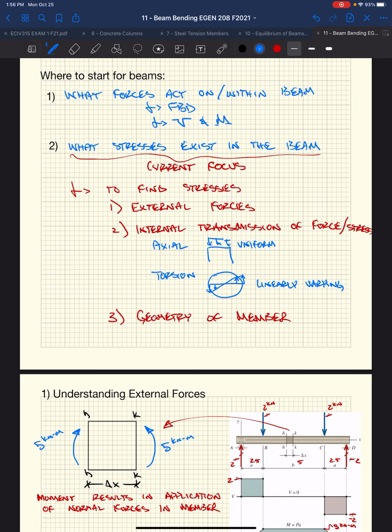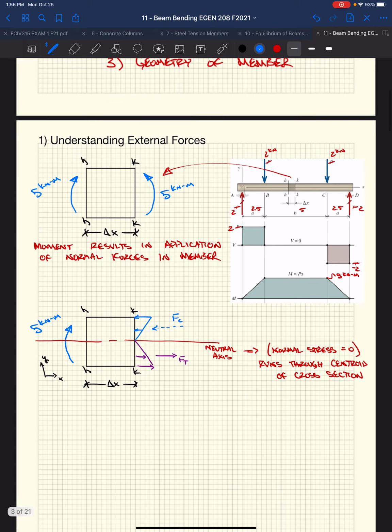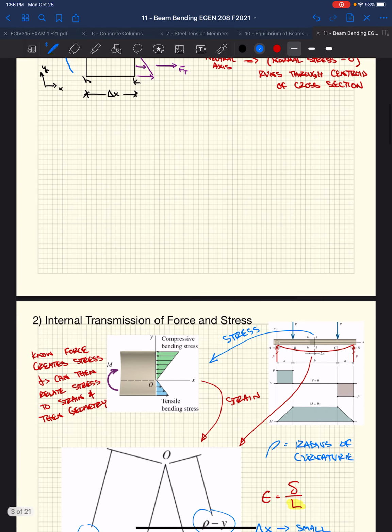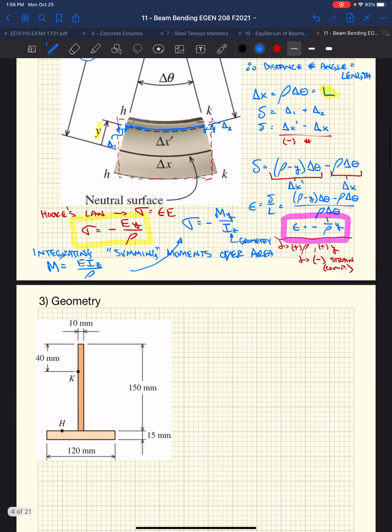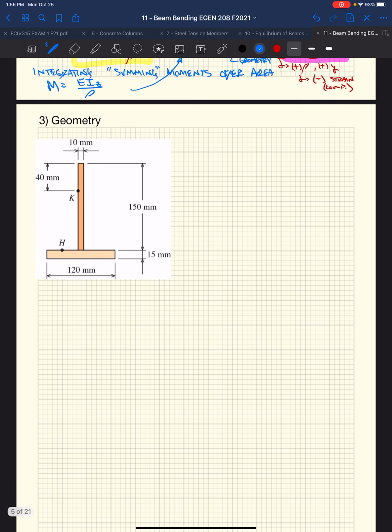Finally, we need to figure out the geometry of the member. For My over I, you need to know where the neutral axis or centroid of our cross-section is, which sets where y is counted from, above or below. We also need to know how resistive our cross-section is to bending. So we need to know geometry.